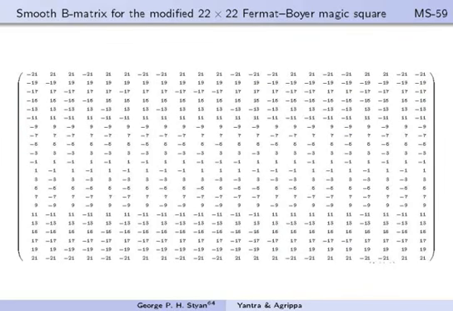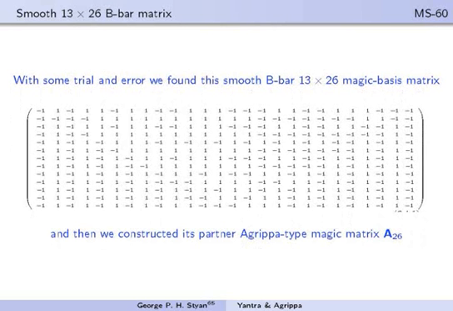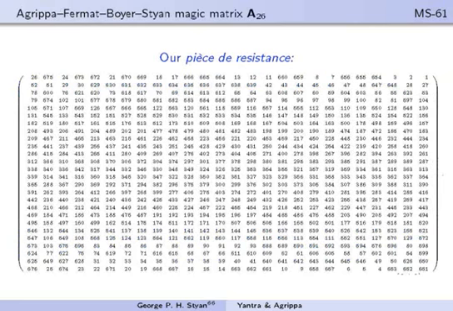Come see. With some trial and error, we now can generate a B-bar 13 by 26 magic basis matrix. And then we can construct its partner Agrippa-type magic matrix A26. Our pièce de résistance.